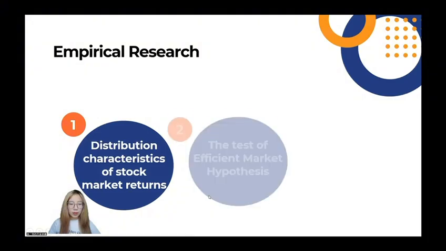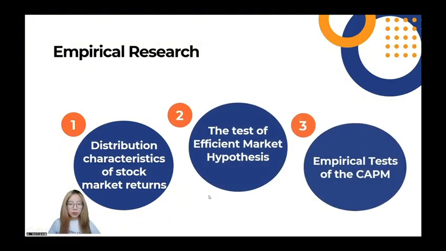Our empirical research is divided into 3 main areas. 1. Analyzing the distribution characteristics of stock market returns. 2. Testing the efficient market hypothesis. 3. Conducting empirical tests of the CAPM model.